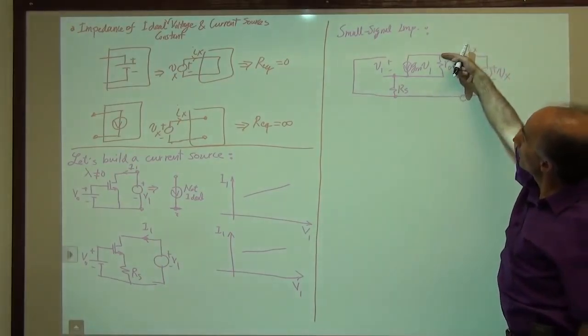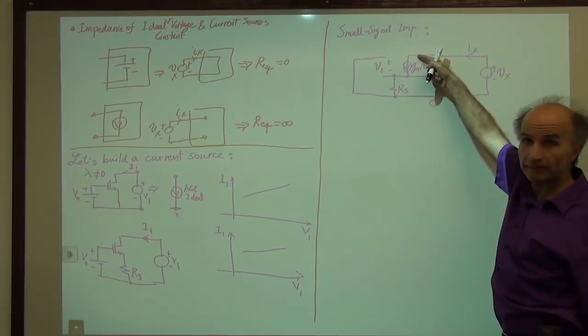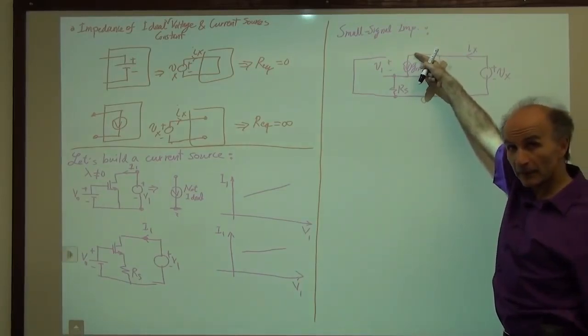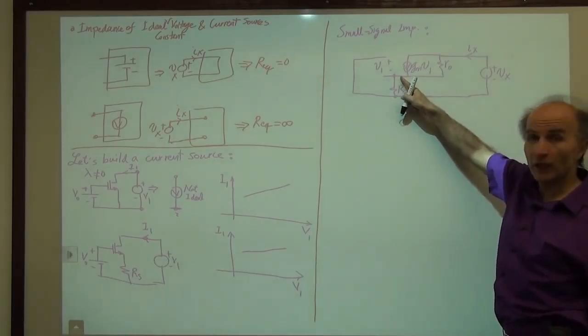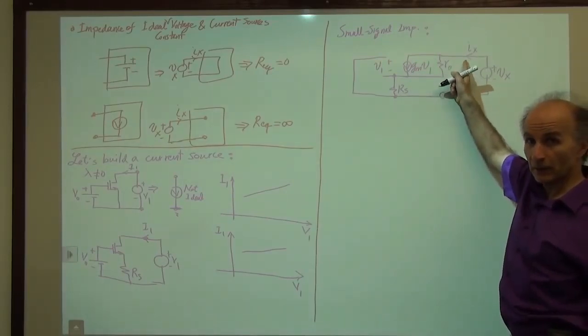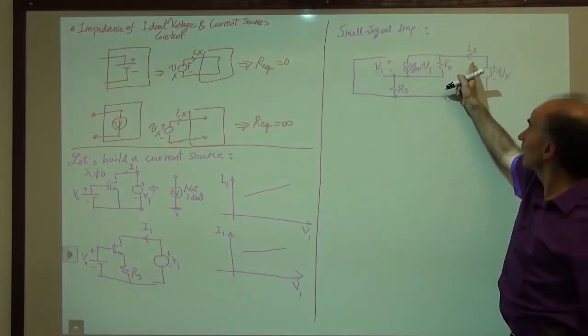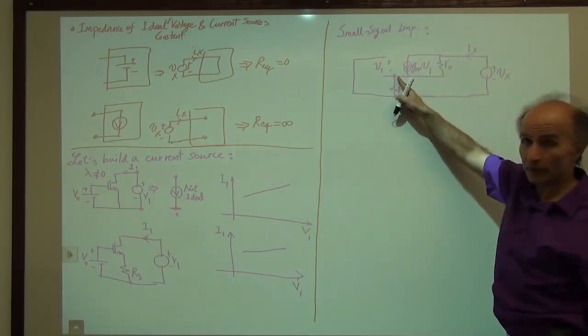Okay, Ix starts from here, it comes to this node and splits. Some of it flows through RO, some of it that way. But these two currents come back together here and reunite. So the current through this wire has to be equal to the current through this wire. Right? The charge cannot disappear. If the charge carriers come into here, they eventually have to come out of this wire.